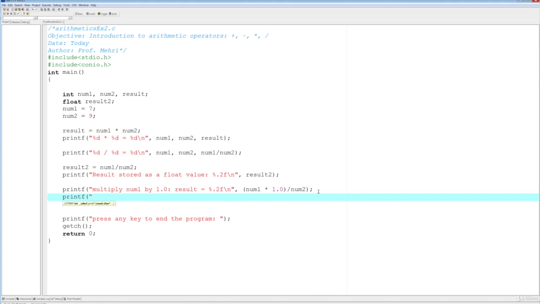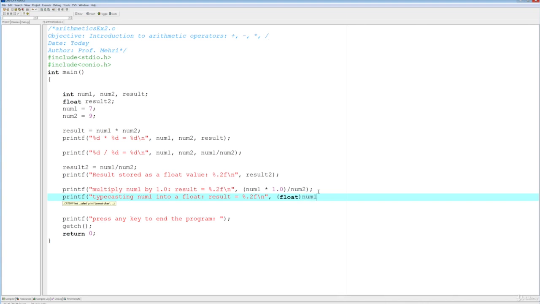We're going to do what we call typecasting num1 into a float. And result equals, and again, %.2f. So we're going to keep it at 2 decimal points, \n. Now notice how I do this. Float num1.